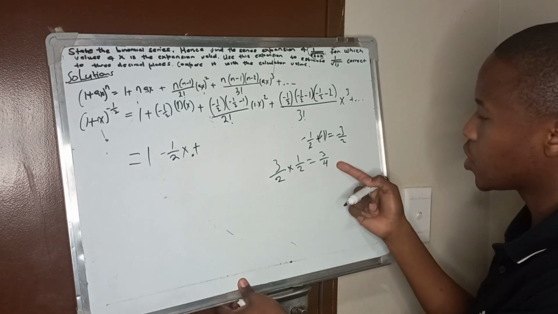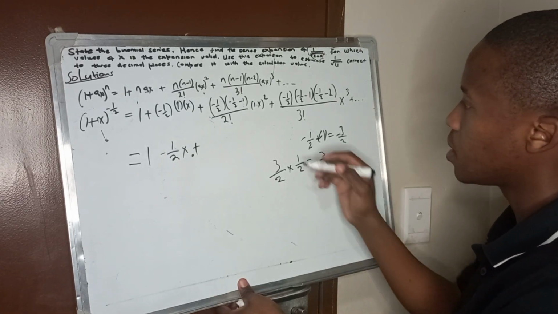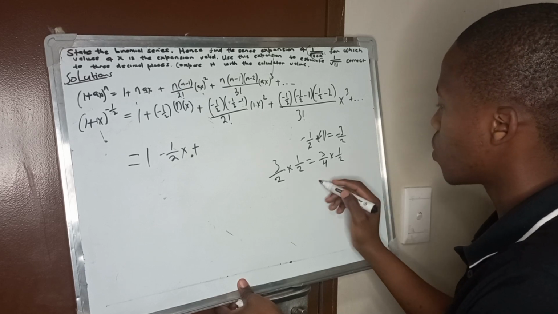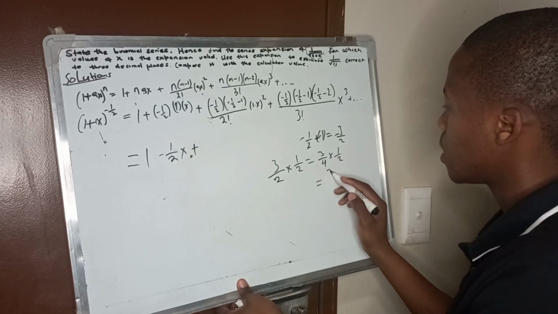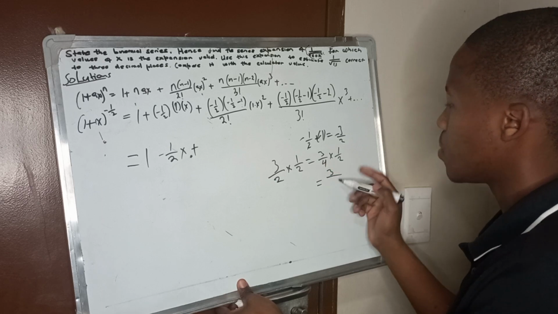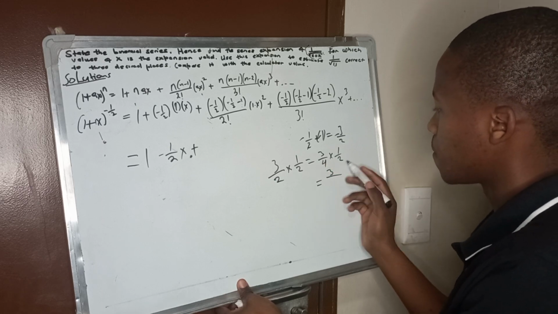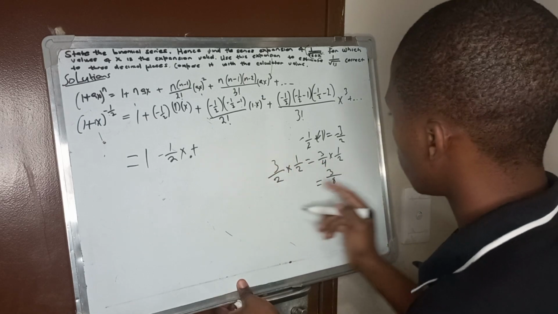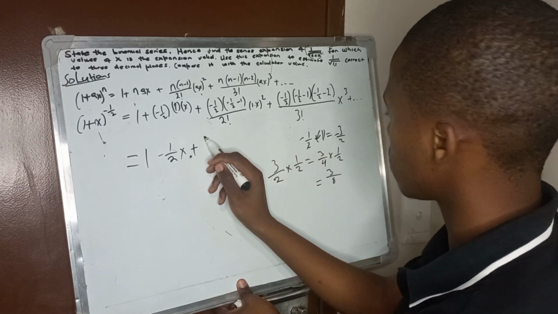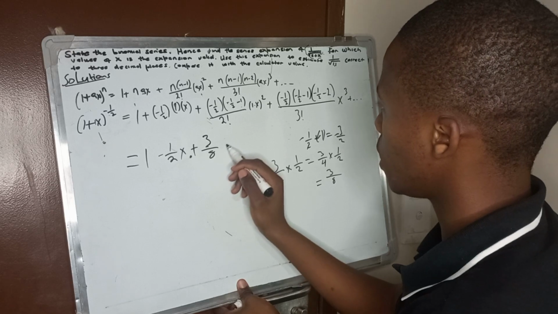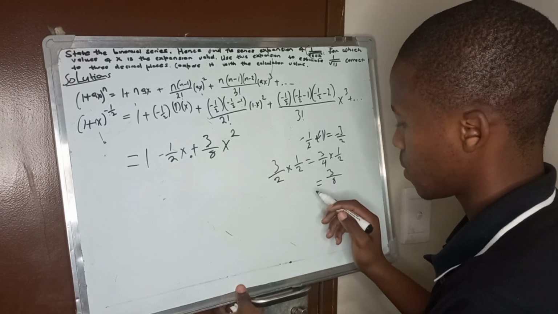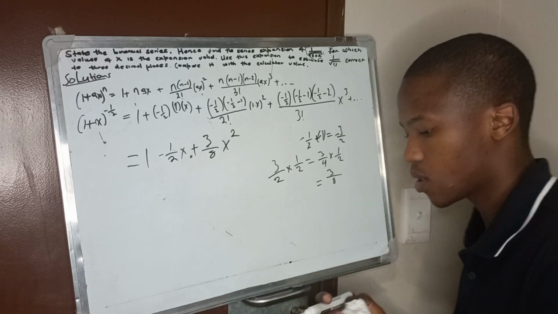So dividing this by 2 is the same as multiplying this by 1/2, which is the same as 3/4 times 1/2. 4 times 2, that's 8. So here it's the same as 3/8 x squared.